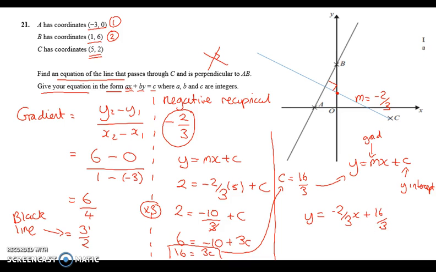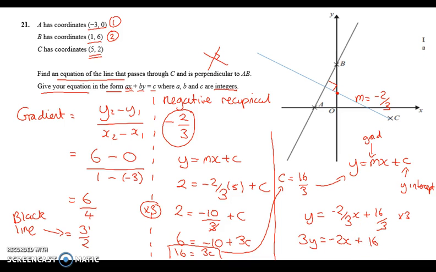But we can't leave it like that because the form that we want it in has no fractions. It has to be integers. A, B and C have to be whole numbers. So we're going to get rid of the fractions, and it's easy to do. We just times by the denominator. It's the same denominator on both. So we're going to times again by 3, and that will leave me with 3y equals minus 2x plus 16.